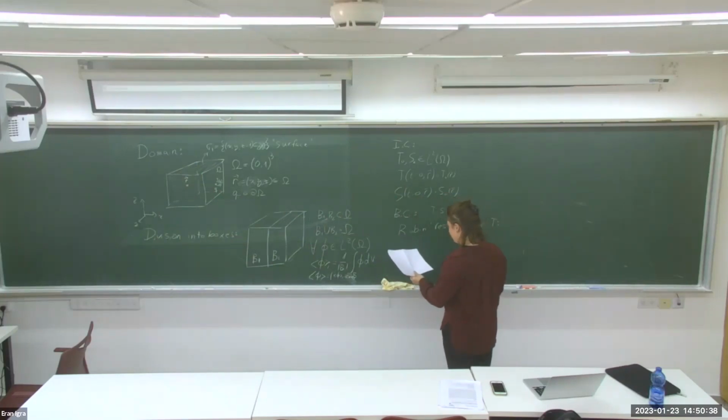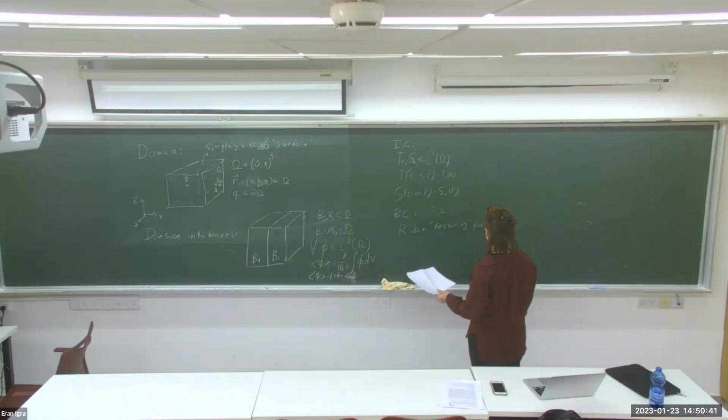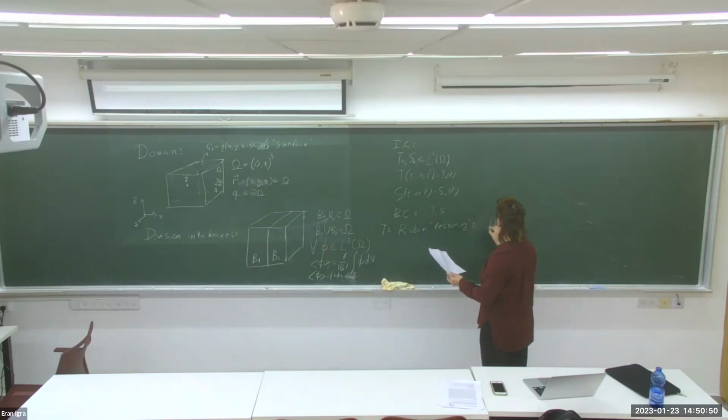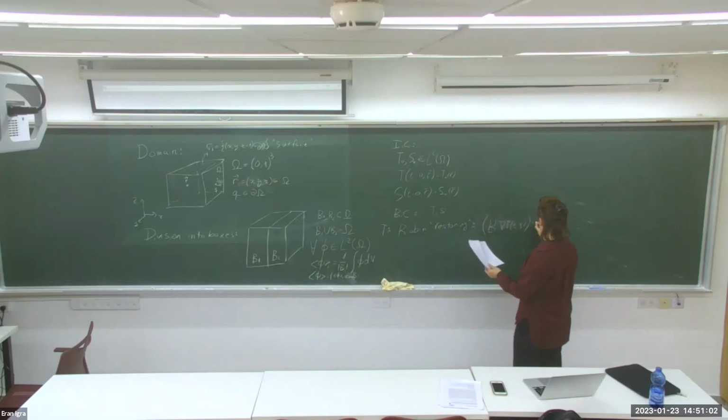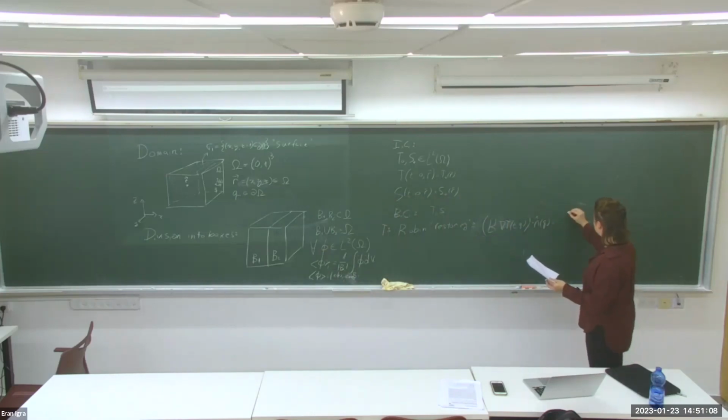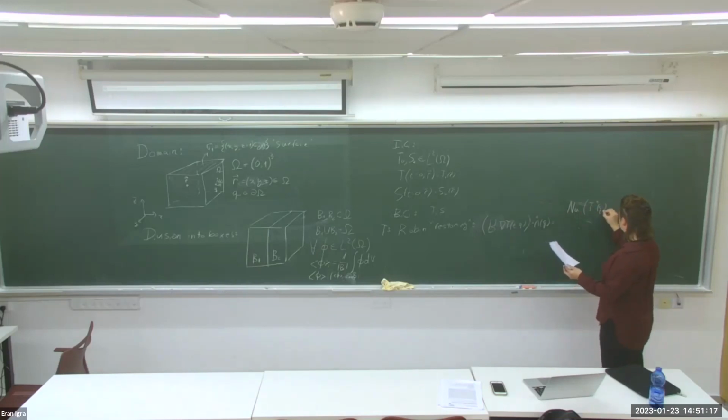Which means that the normal derivative of the temperature will be some coefficient, the Nusselt number, times the temperature in the atmosphere, which is denoted as T star at a certain point, minus the temperature at that point.